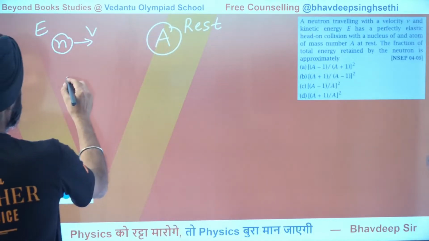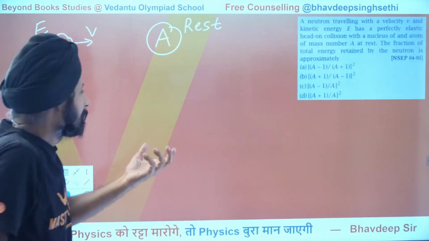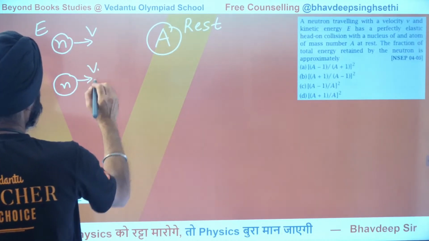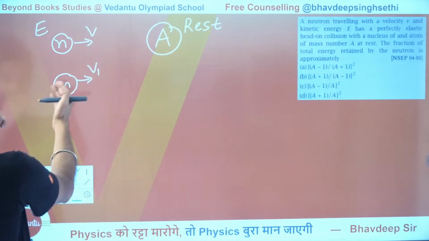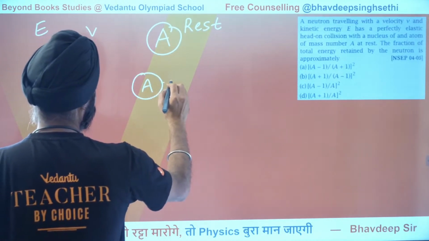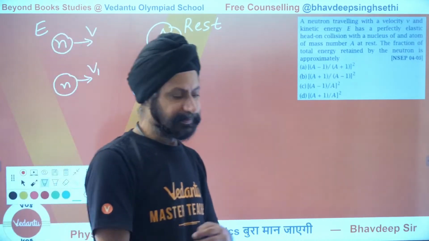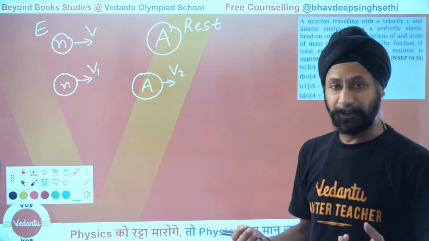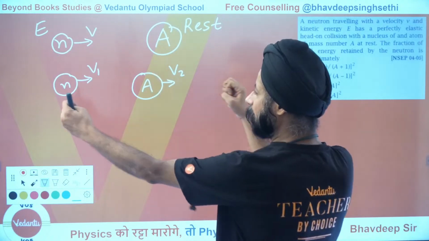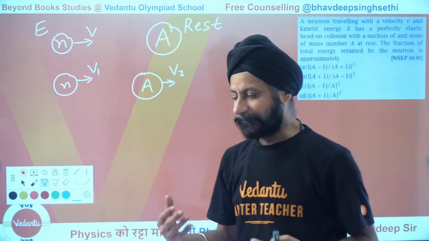So let's see what happens after the collision. I know this is going to rebound back, but let's not assume that. Let's say it goes in this direction, because the equations should take care of themselves. So this is velocity v1, and this atom A goes with velocity v2. I know for sure that if it is an elastic collision, then the coefficient of restitution is 1. What is the coefficient of restitution? It is the velocity of separation divided by the velocity of approach.